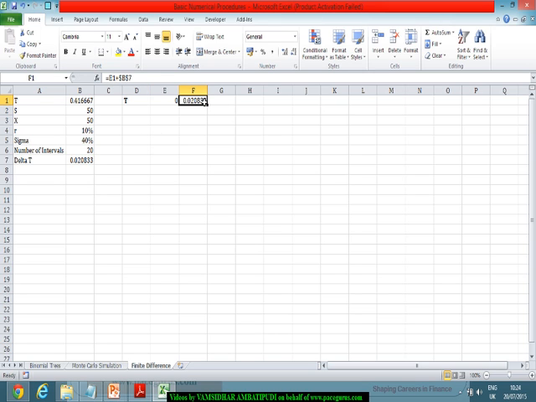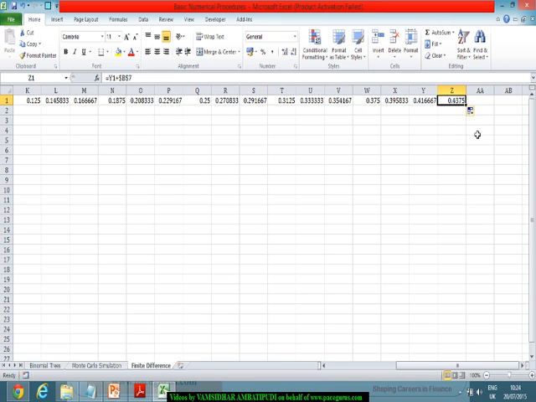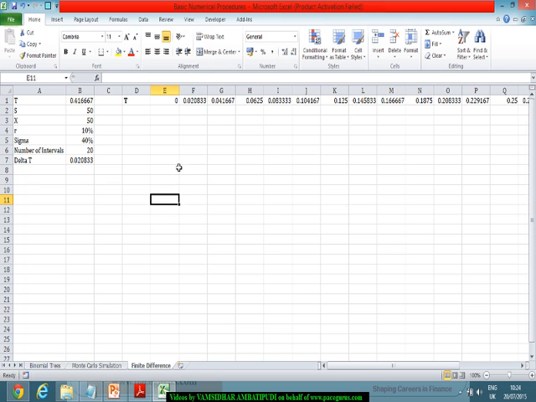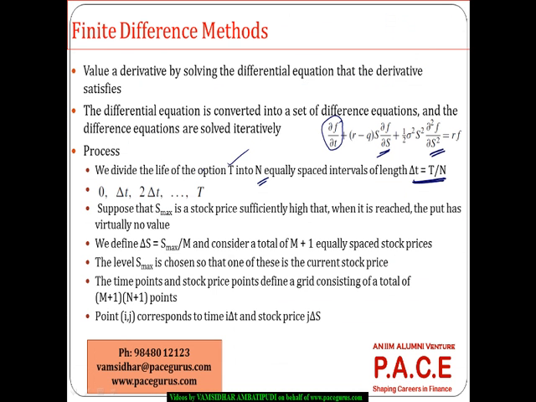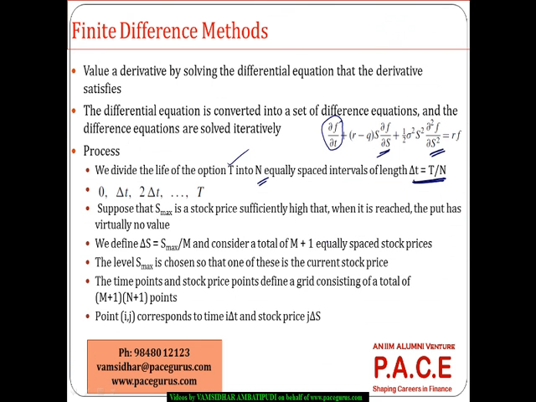So up to the time period 0.41, I am going the same way. Alright, so up to the time period 0.41, we have split it up. So these are the delta t's: 0, delta t, 2 delta t. This is what we have split.